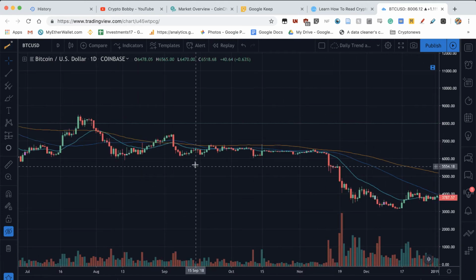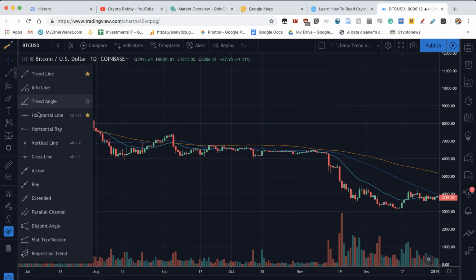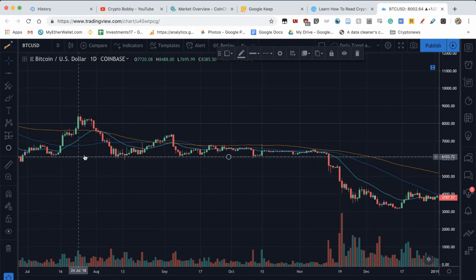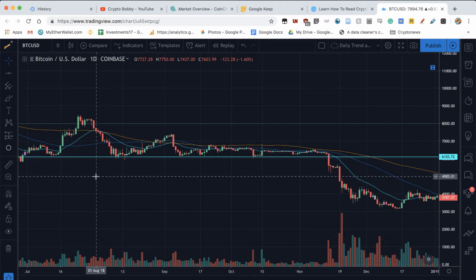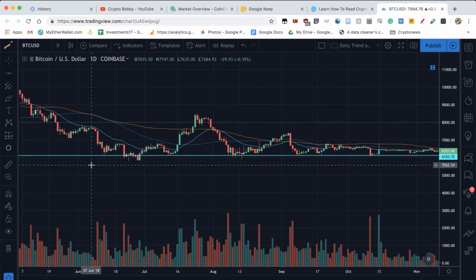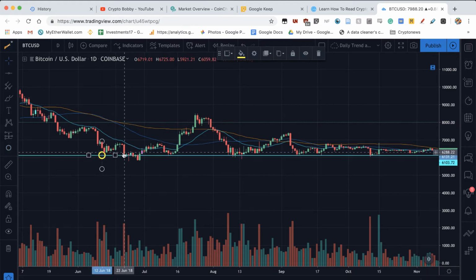Here would be a good support level. The horizontal line is gray, so I'll change the color to light blue. This is a pretty strong support level, at the $6,100 range. We've got multiple touch points on the support level: one here, one here, and a small breakthrough but recovery here.